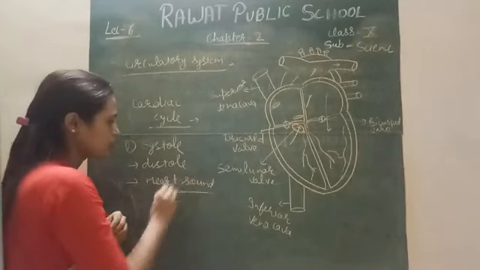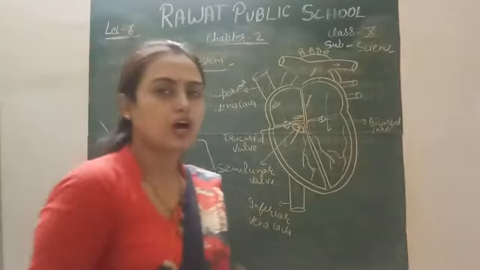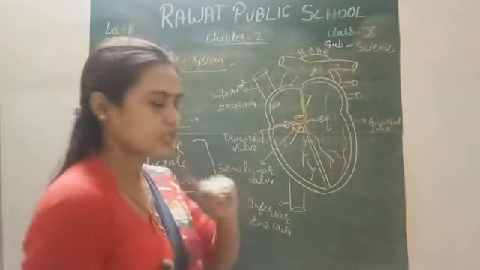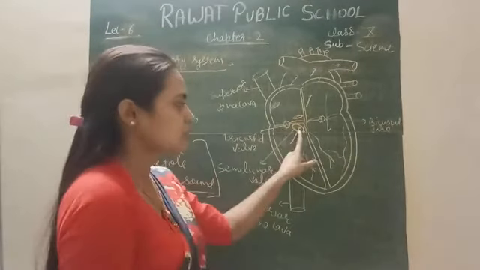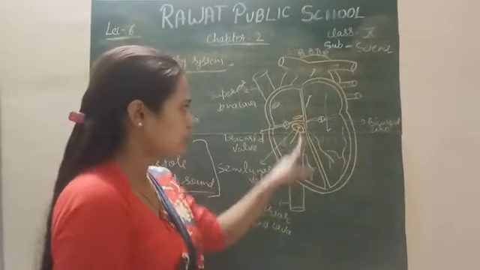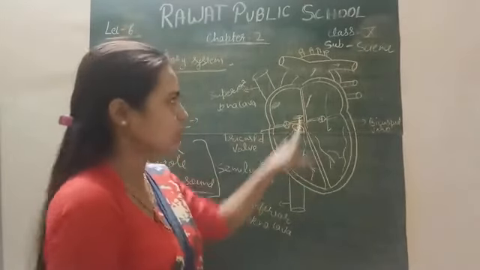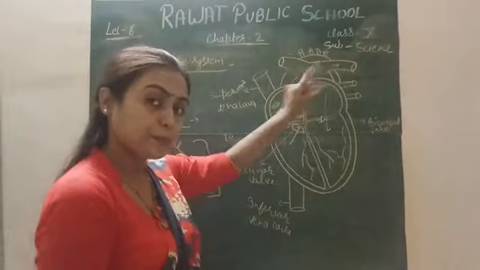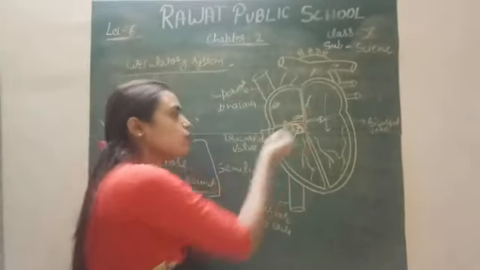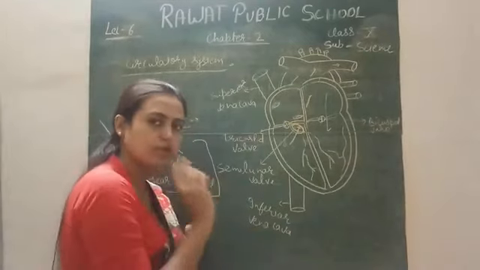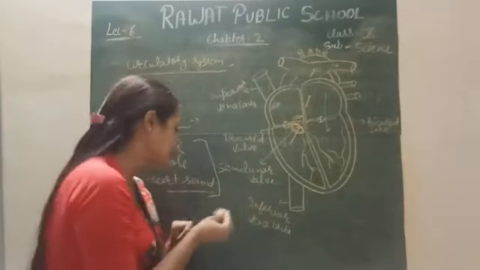Now I will tell you how these three different terms occur in our heart. Firstly, I will tell you about the heart sound. I told you that there is a semilunar valve. Through the pulmonary artery, the deoxygenated blood from the ventricle goes into the lungs for purification. When the semilunar valve is open, the first heart sound is produced, called the lub.